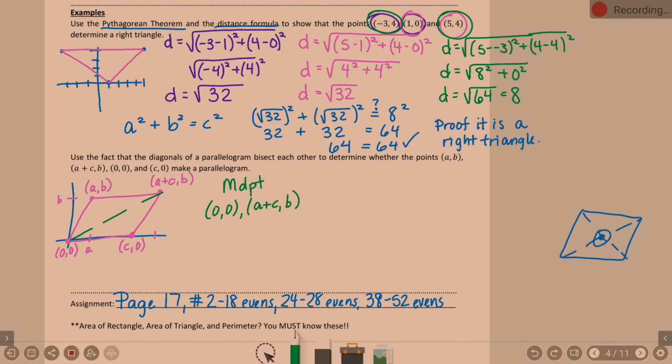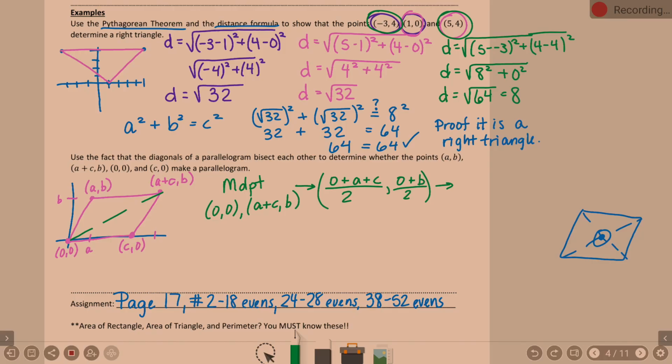Okay? So in this case, I'm going to say 0 plus, what's my other x? A plus c, divided by 2, comma, and then it's 0 plus b divided by 2.